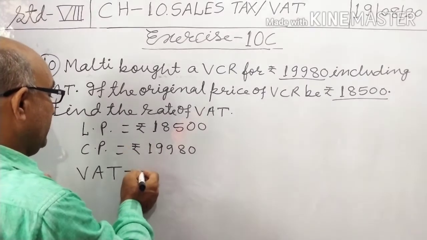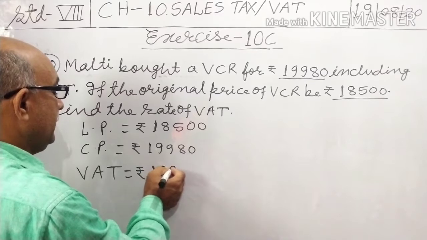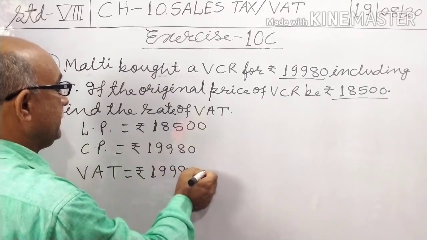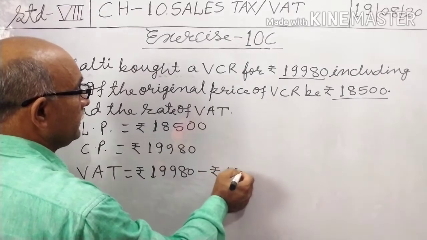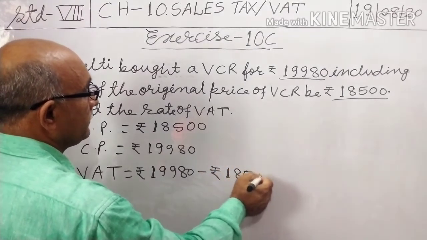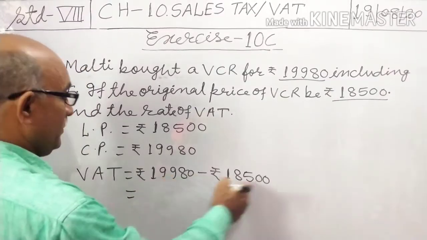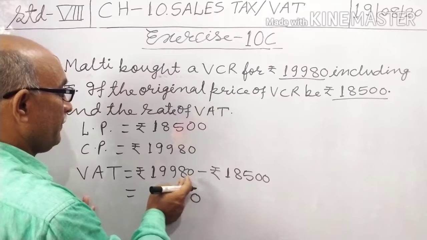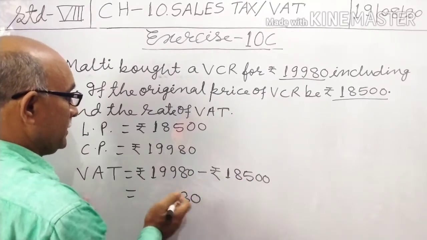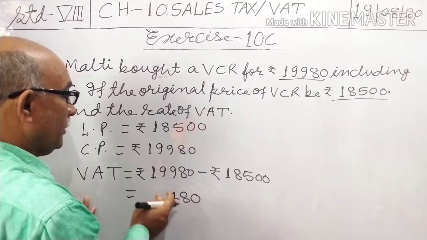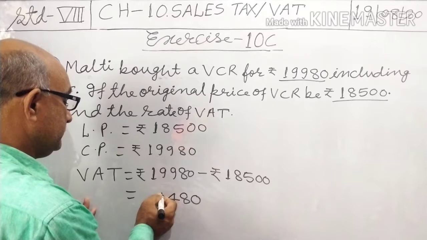So VAT equals CP minus LP. Rupees 19,980 minus rupees 18,500. Subtract here: 0 minus 0, 0. 8 minus 0, 8. 9 minus 5, 4. And 9 minus 8, 1.